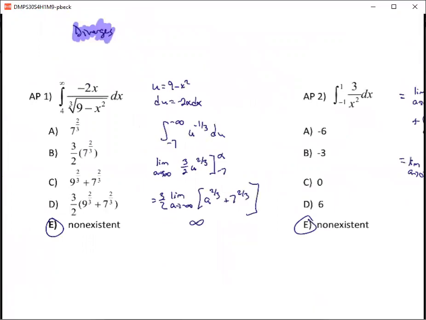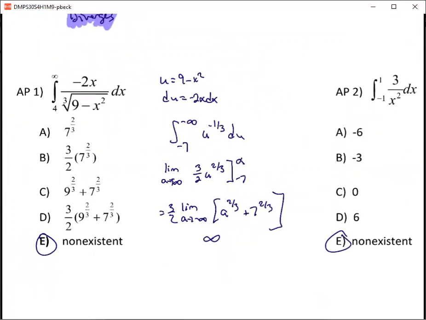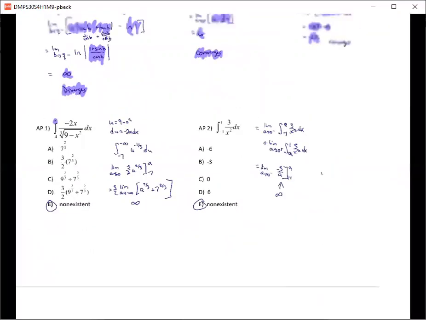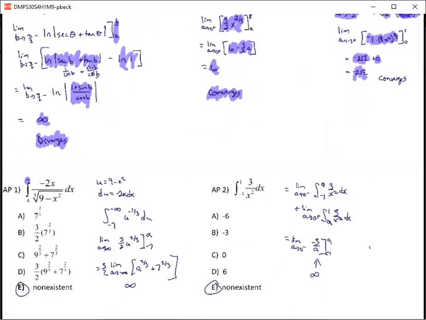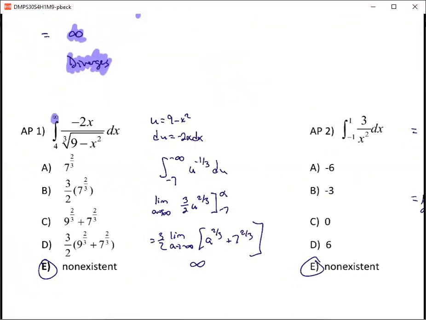For this problem right here, this is kind of similar to what we already did, but in this case, if we would have gone from, say, 2 to infinity, we would have to split this up into 2 integrals. It occurs to me that we didn't actually split this up into 2 integrals. We could do that for the next problem. But anyway, if u is 9 minus x squared, du is -2x dx, u substitution.